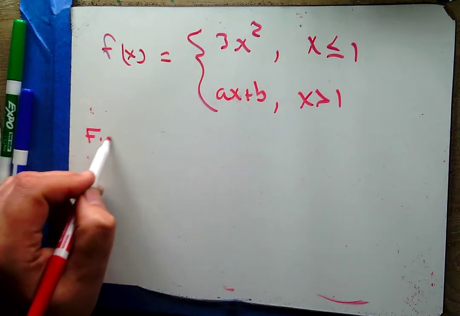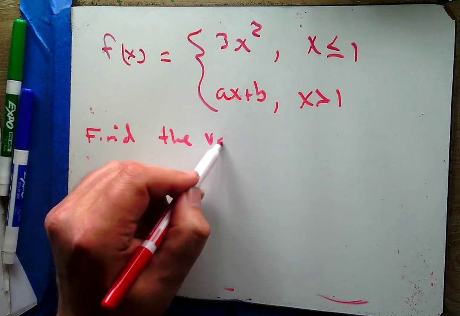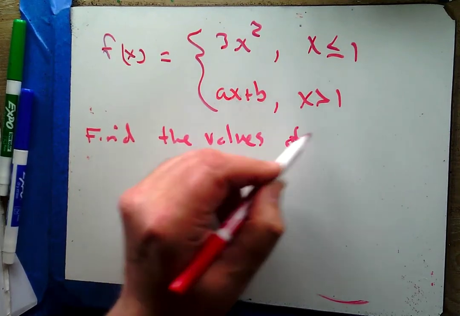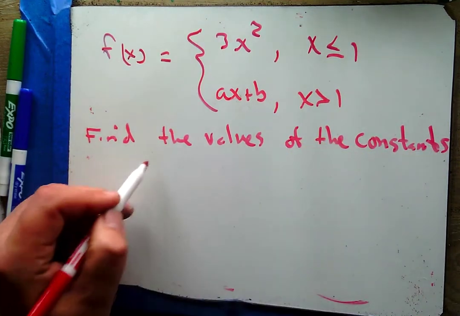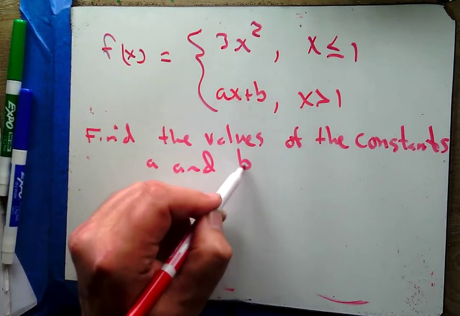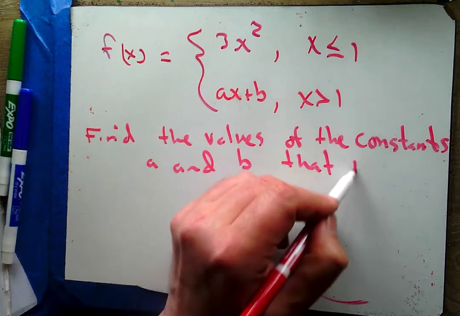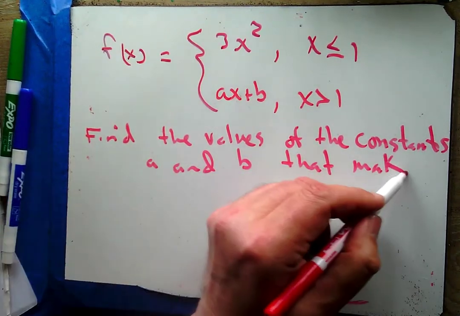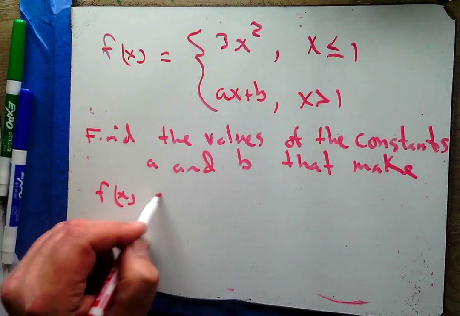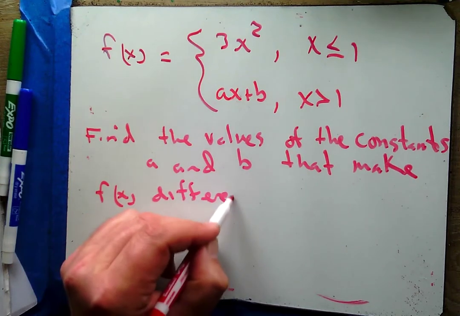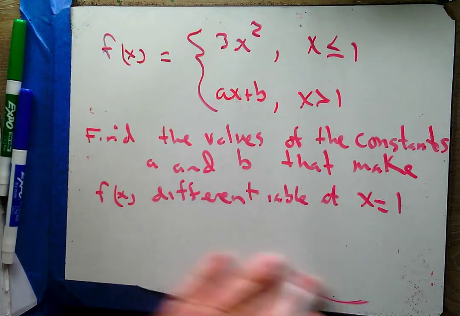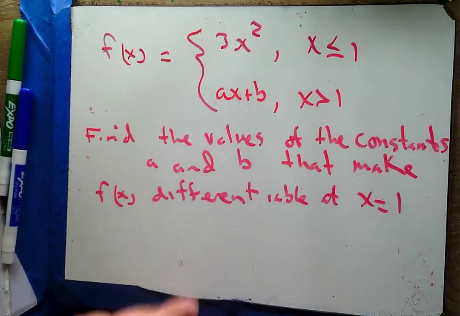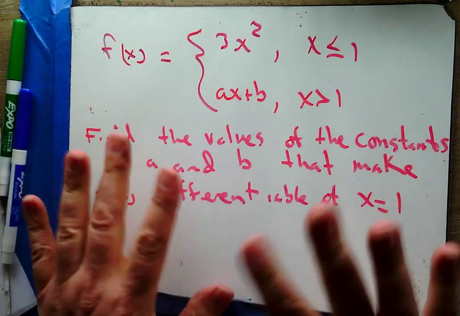And we're told, find the values of the constants a and b that make f differentiable at x equals 1. I think this is a great question. You know, it better be on our next test, because that's just perfect.